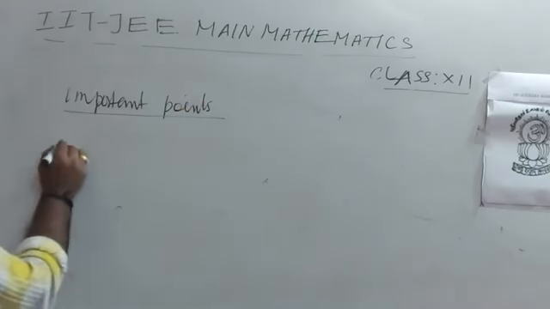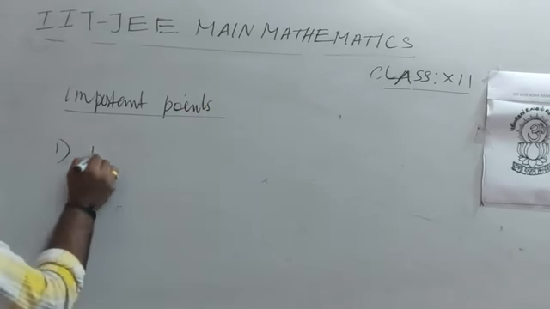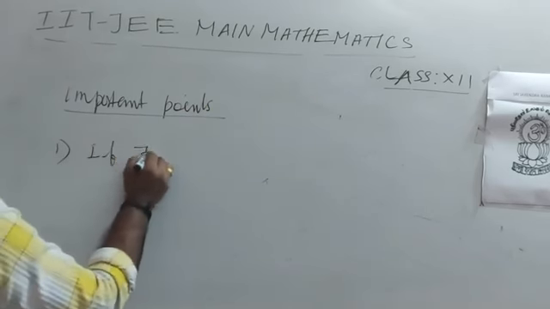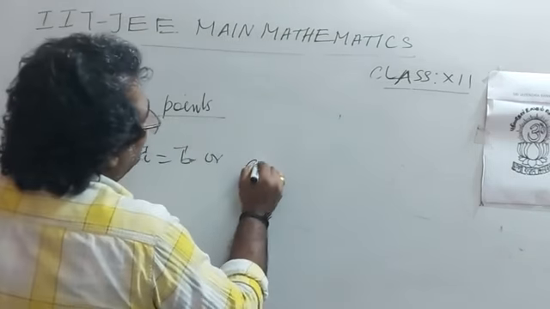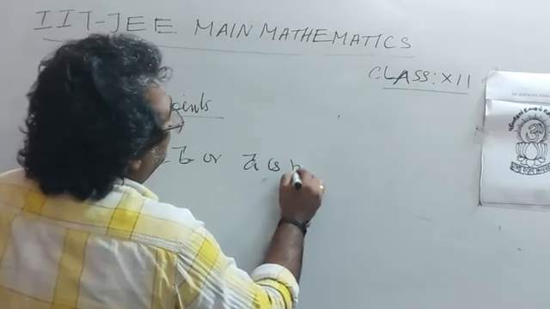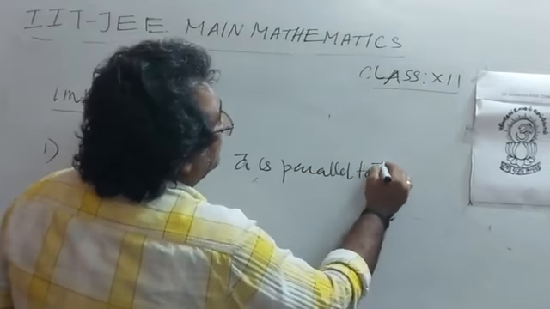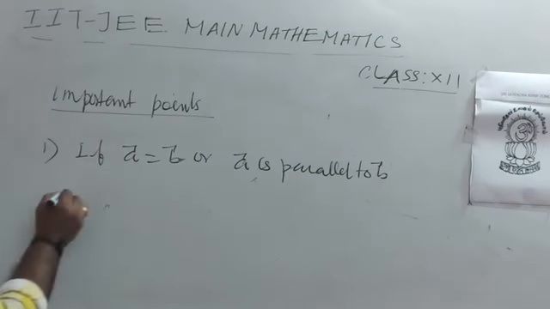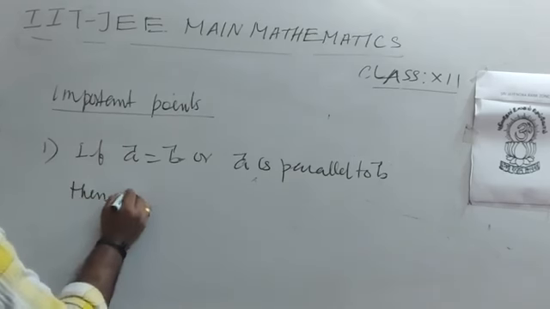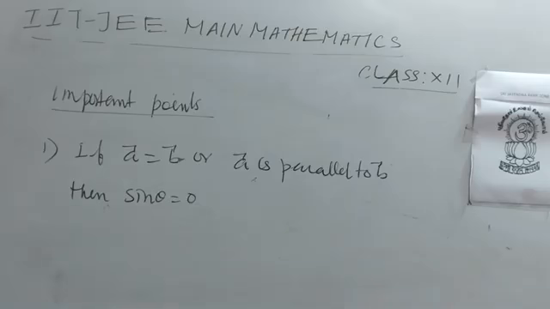So important points. If A vector equal to B vector or A vector is parallel to B vector, then sin theta equal to 0.